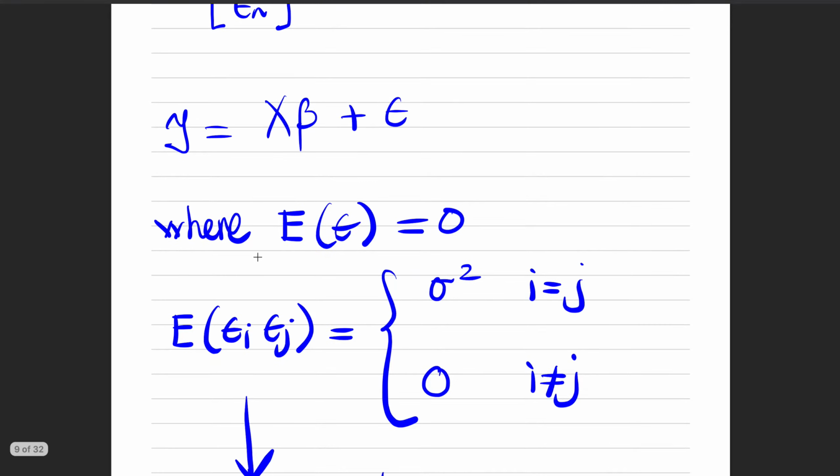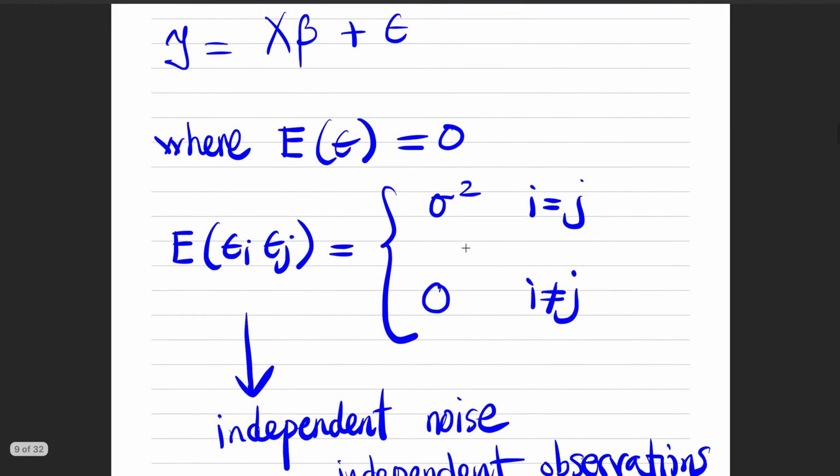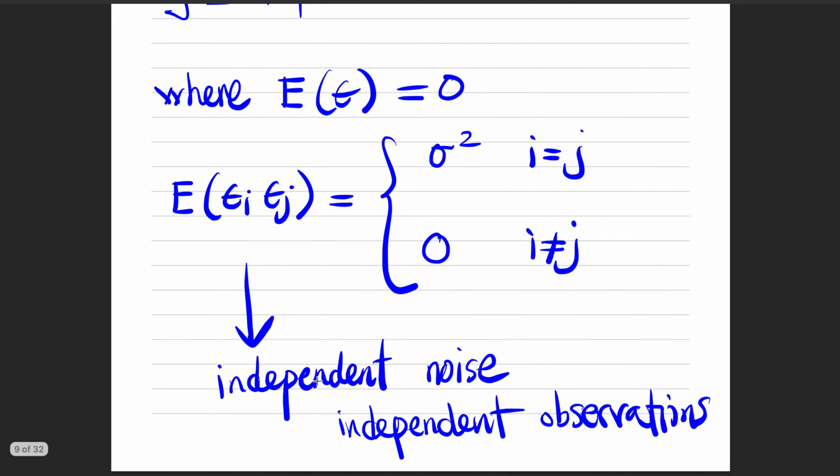We assume, as we said, that the mean of the noise, the irreducible error, is 0, and we always assume that the noises are independent. In other words, the variability for one observation doesn't have anything to do with the variability of another observation. The observations are independent. Okay.